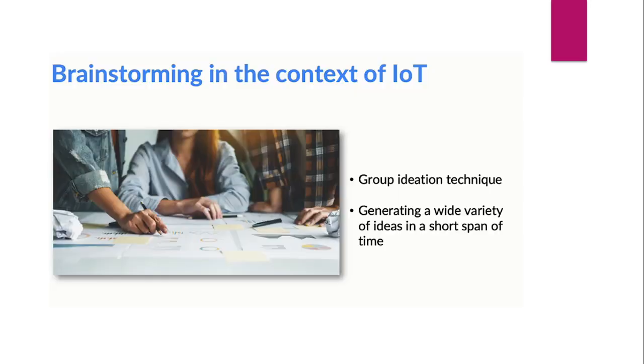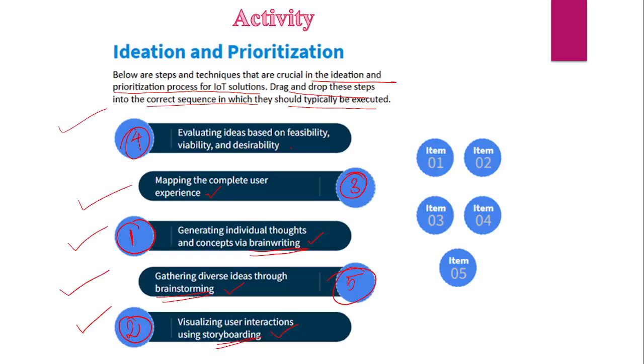So in this particular topic, we have to understand what brainstorming and brain writing are. Brainstorming is a group ideation technique. Now you can see they have created some user journey maps. So after generating individual thoughts and concepts via brain writing, it directly goes to visualizing the user interaction with storyboarding.